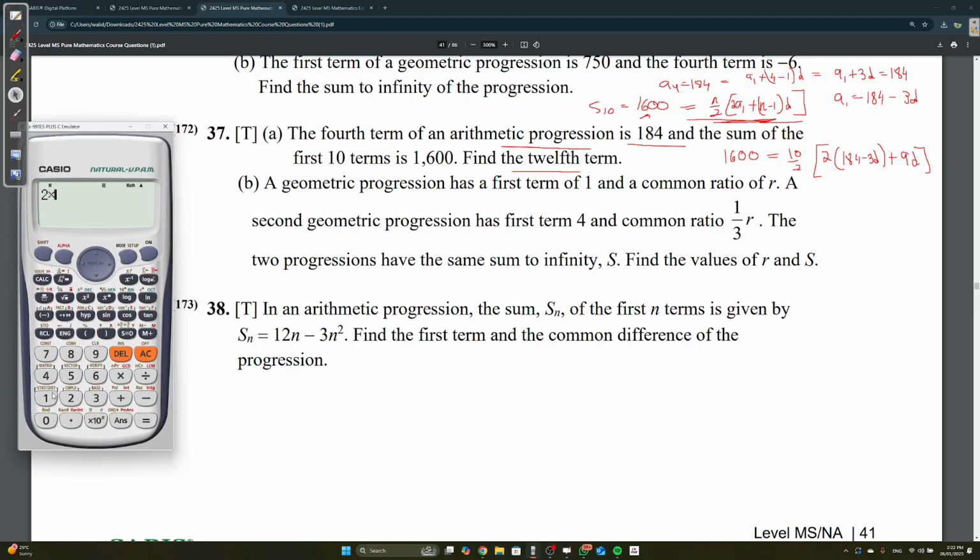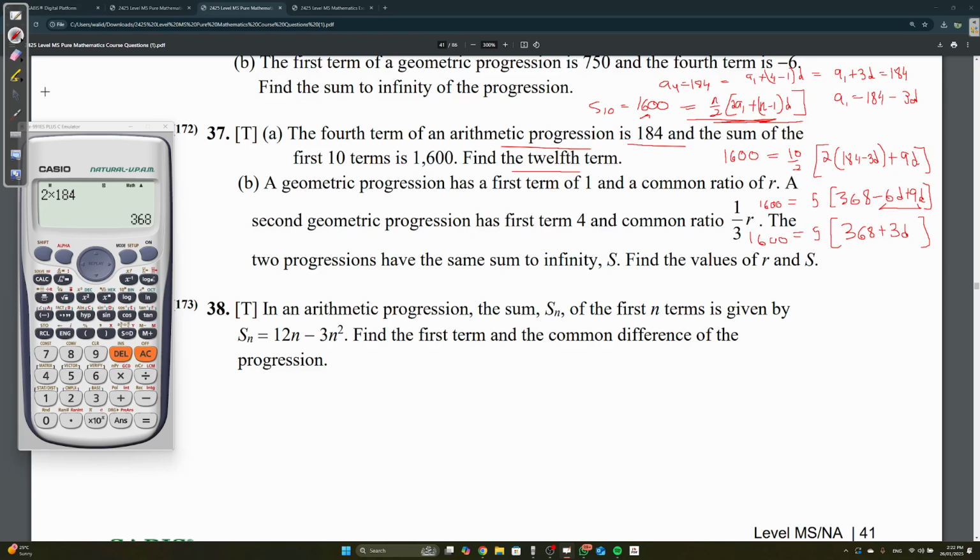So 2 times 184 is 368, 2 times minus 3 is minus 6d, plus 9d. You have 5 outside because 10 over 2 equals 5. Minus 6d plus 9d is 3d. So 368 plus 3d, and you have the 5 outside, equals 1600.